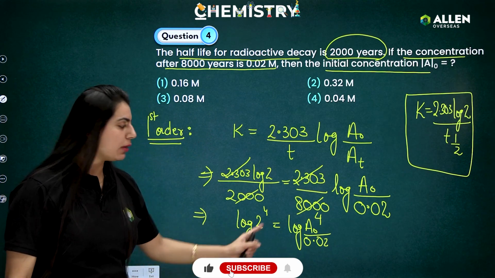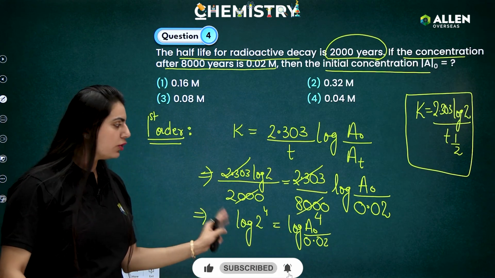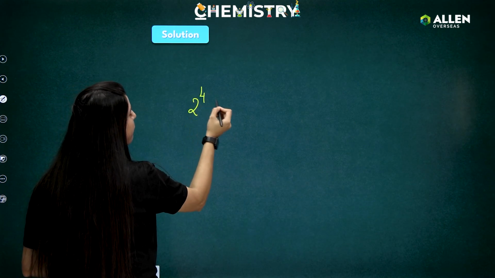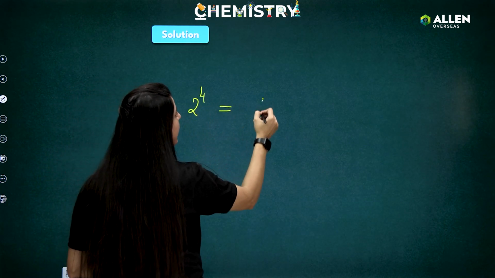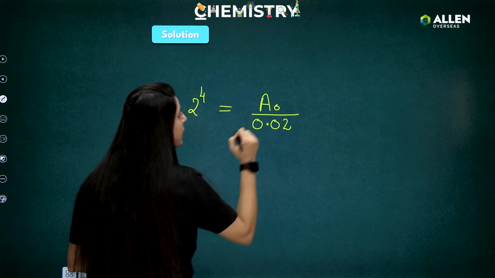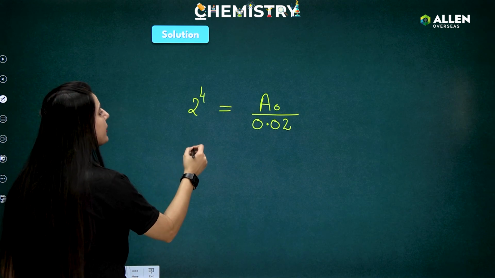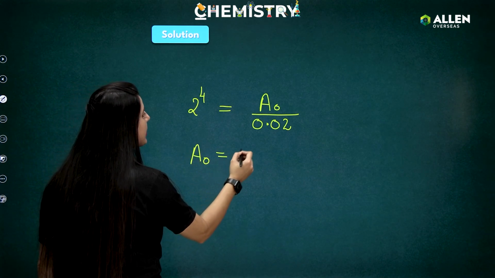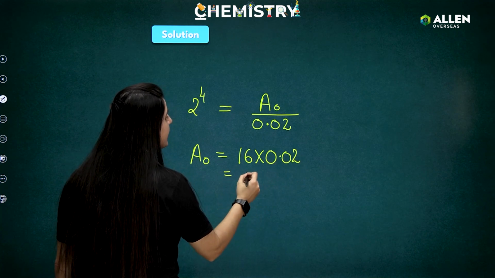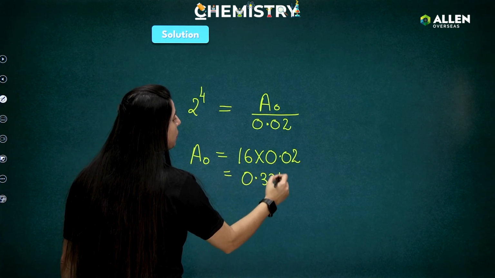Now, if I compare both these sides and remove the log part, what I get from here? 2 raised to the power 4 equal to A0 divided by 0.02. Now, if I solve this, I'm getting A0 as 16 into 0.02, which comes out as 0.32 molar.